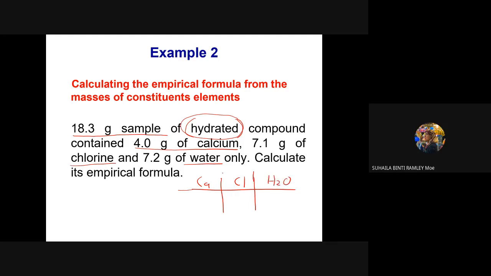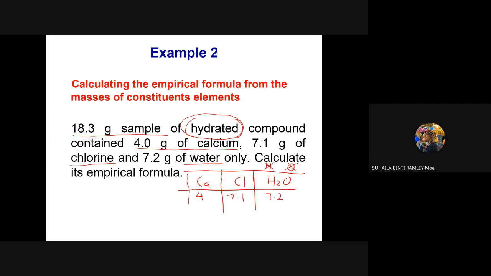So in this question, we cannot separate water as H and O. Kita tak boleh separate dia sebagai H dengan O because dia come in form of water, hydrated. So kita leave it as H2O. So kita just buat as usual, mass 4.4 for calcium, chlorine 7.1, water 7.2.